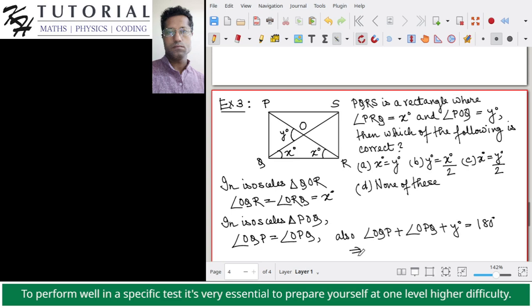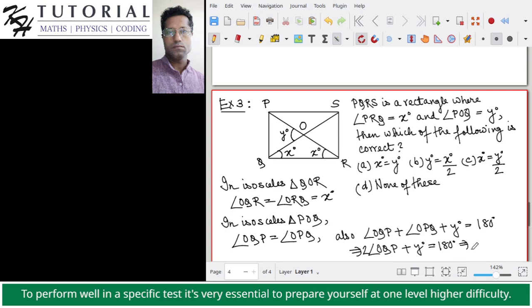Since angle OQP and angle OPQ are the same, twice angle OQP plus y degree is equal to 180 degree.